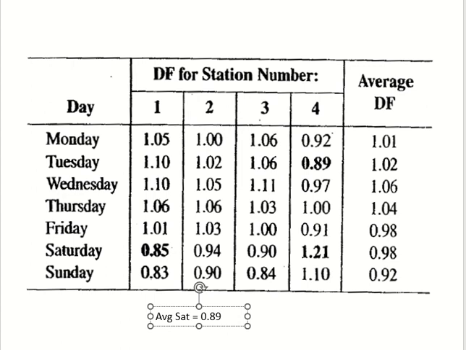Okay, so the new average with 3 members is 0.89 and the value for station 4 is 0.85. Problem solved or not? Solved.